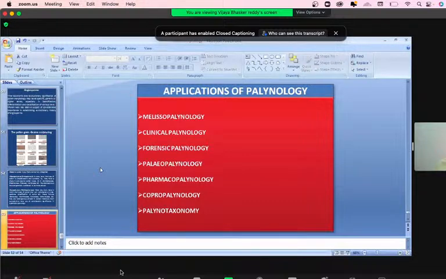Also, palynology is one important aspect where, in honey samples, you can confirm the purity of the honey based on pollen analysis. If you find pollen of different plants, you can confirm the geographical source as well as the botanical source.